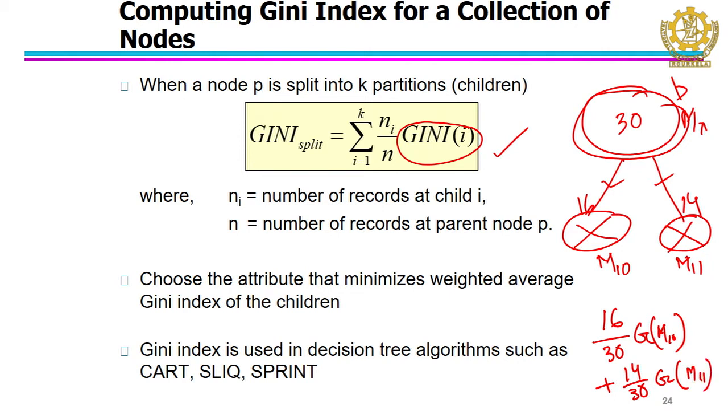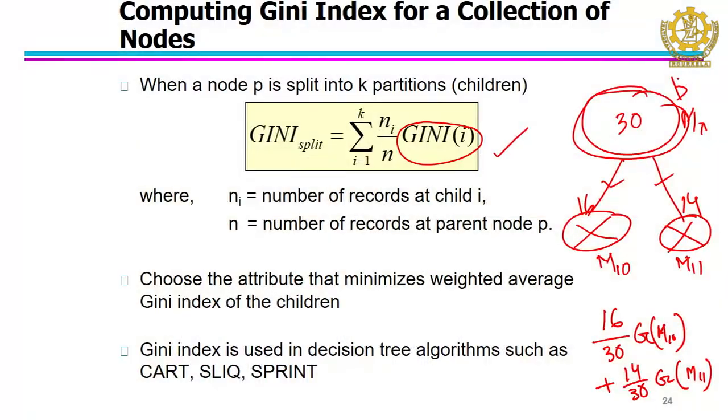That will give you the combined Gini value. Now, you compute what the Gini was at M0 and what the combined value is, and to get the gain you do the subtraction.